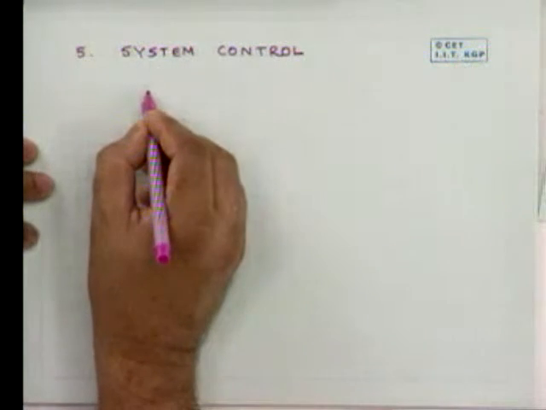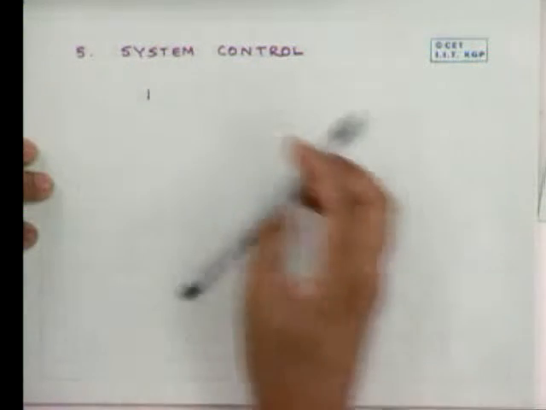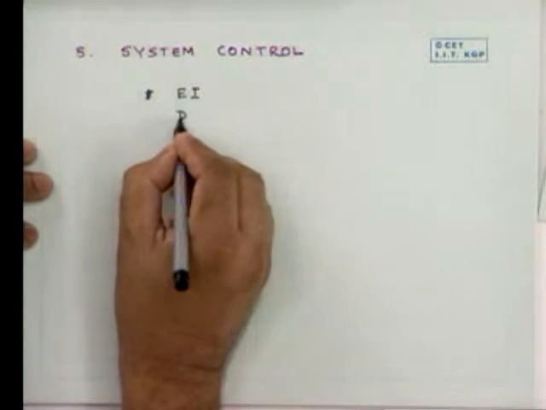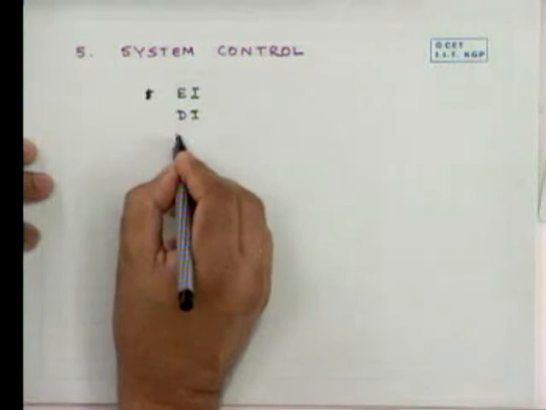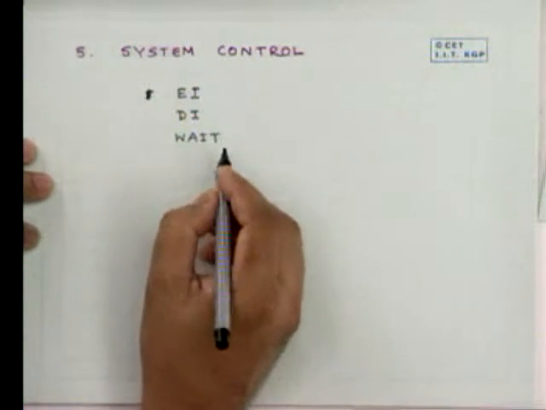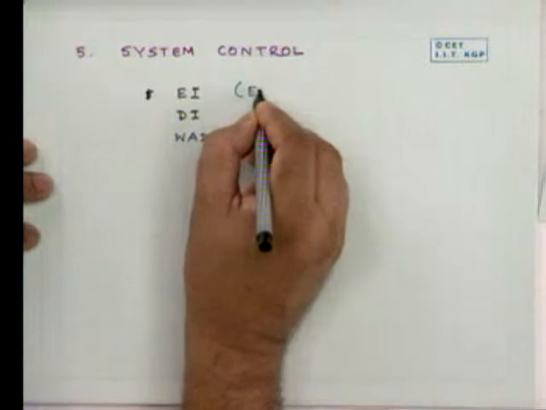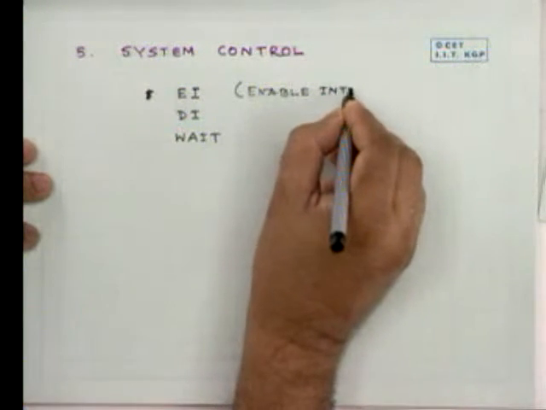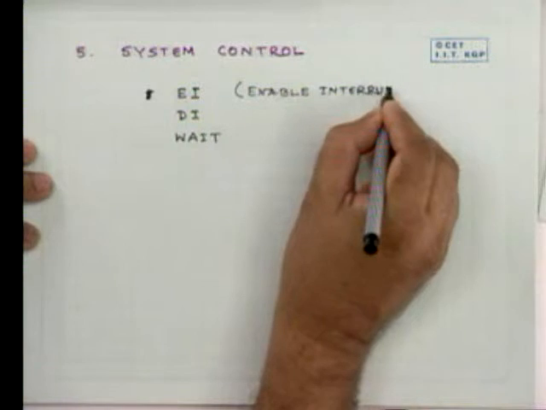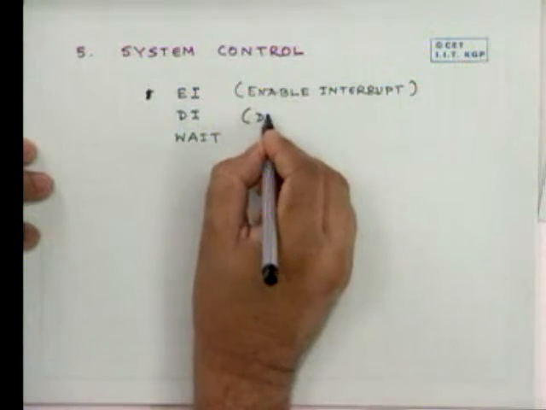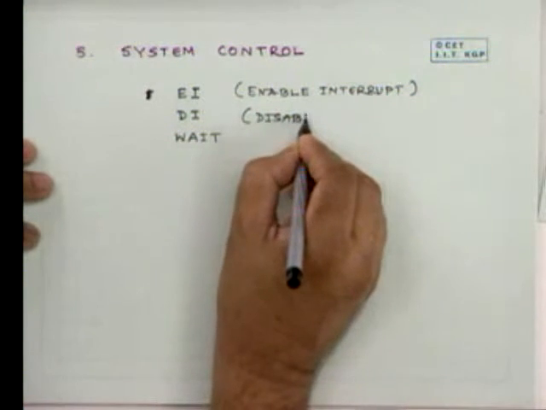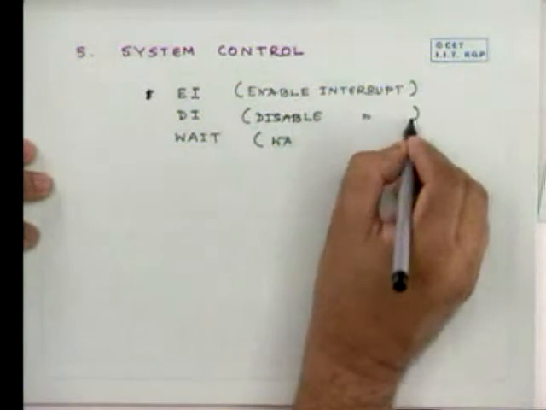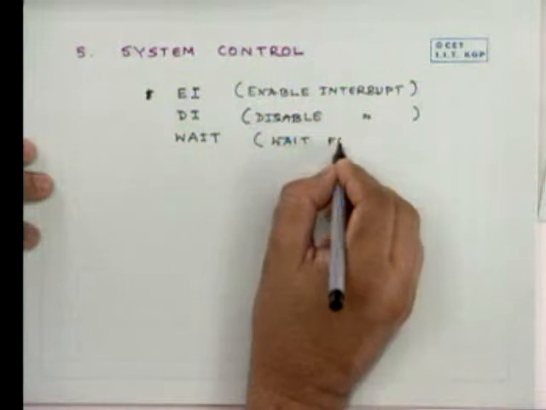Some of them are enable interrupt, disable interrupt, and wait for interrupt.